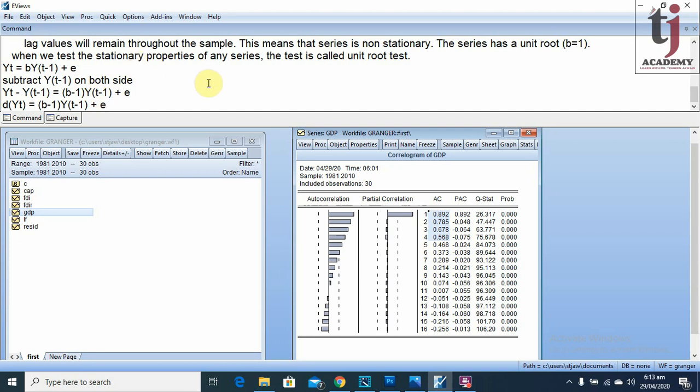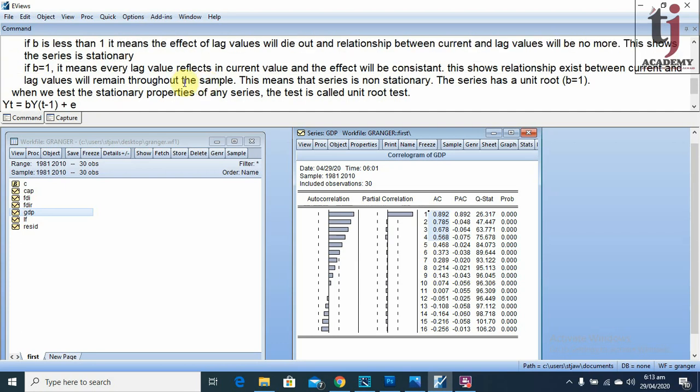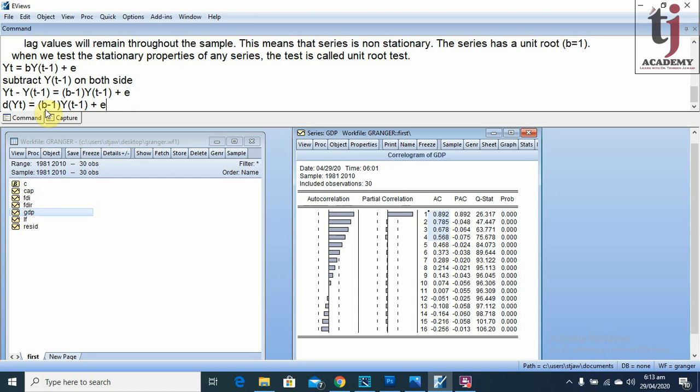The explanation is the same as we have discussed above. If beta is equal to 1, it means the series has a unit root, it means the series is non-stationary, and if beta is less than 1, it means the series is stationary.